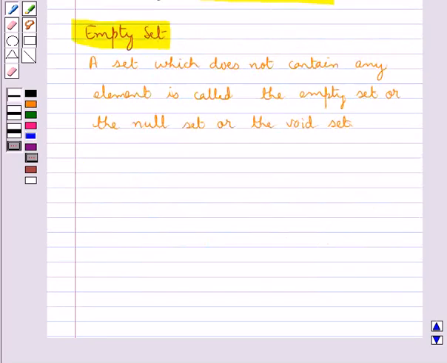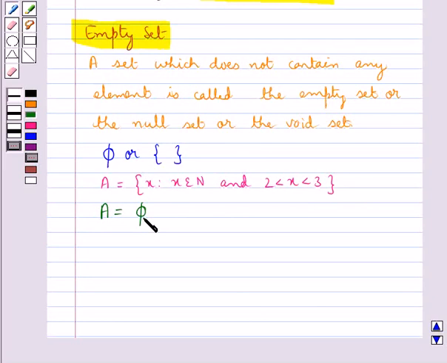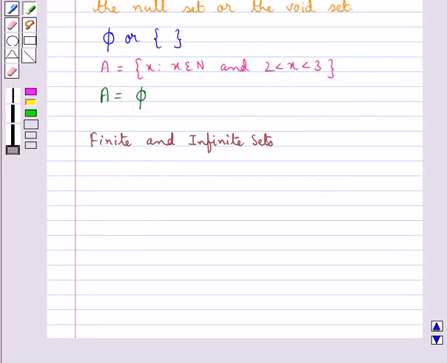An empty set is denoted by the symbol phi. Consider a set A equal to x such that x belongs to N and x is greater than 2 and less than 3. Here x is a natural number which lies between 2 and 3, but we know that there is no natural number between 2 and 3, therefore we can say that A is an empty set.